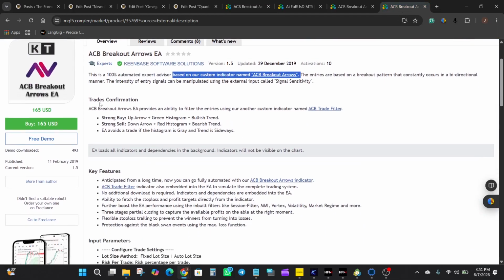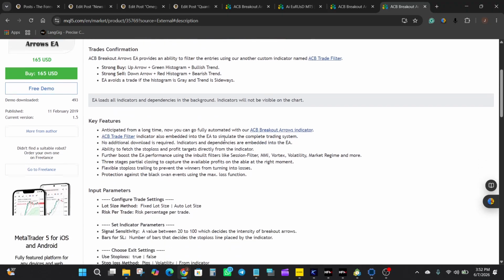We can also see that the breakout arrows EA provides an ability to filter the entries using the custom indicator named ACB trade filter. Then you have the strong buy signal and strong sell signal. Strong buy is indicated by an up arrow and green histogram, plus the bullish trend. Strong sell has a down arrow, red histogram, and bearish trend. And the EA avoids a trade if the histogram is gray and the trend is sideways.